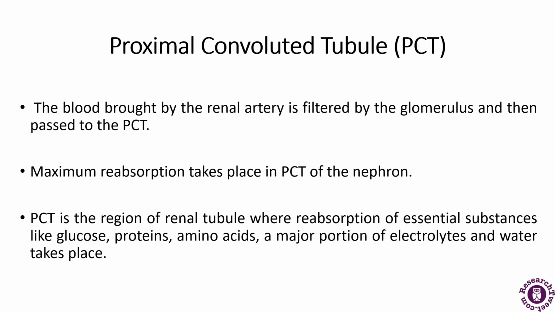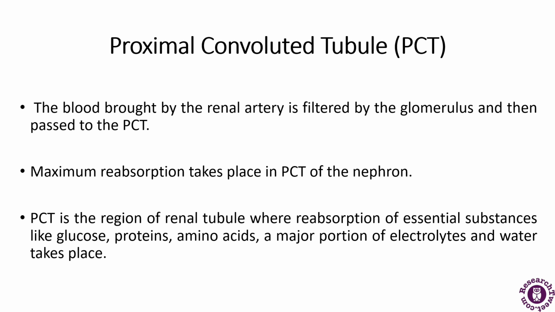Next we will be talking about the proximal convoluted tubule. Now what is this tubule? The blood which is brought by the renal artery is filtered by the glomerulus and it is then passed to the PCT, and maximum reabsorption takes place in the PCT of the nephron.